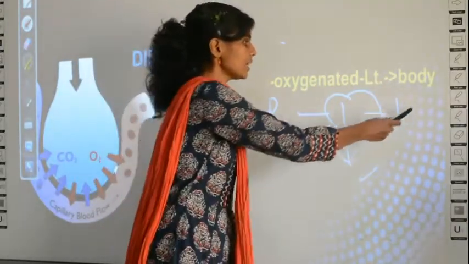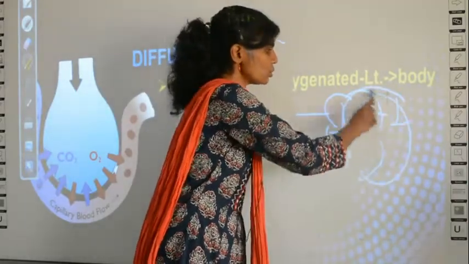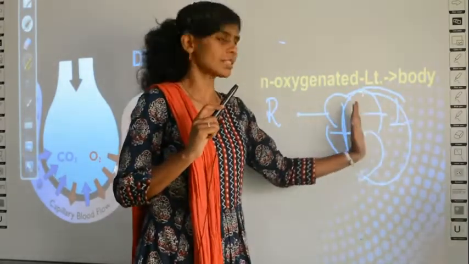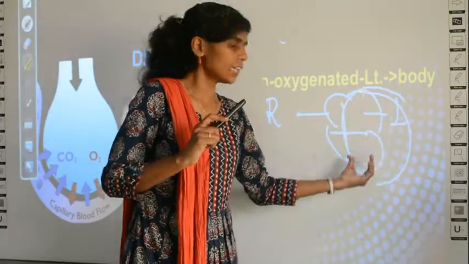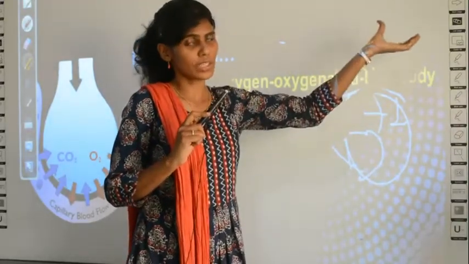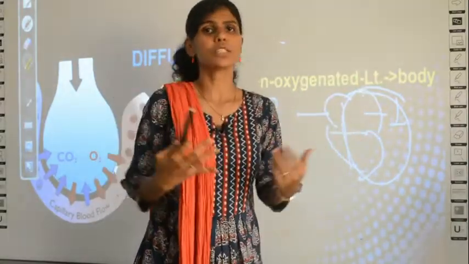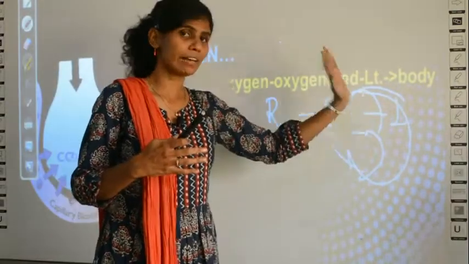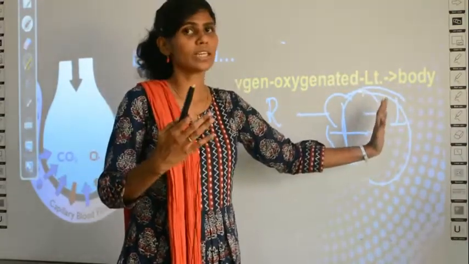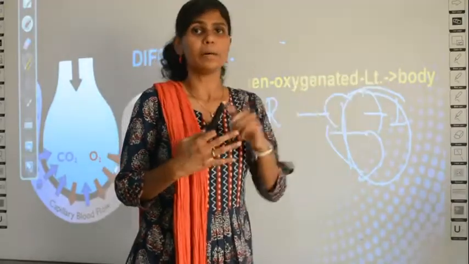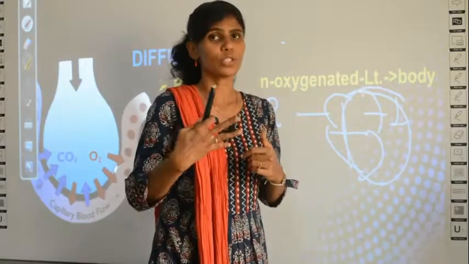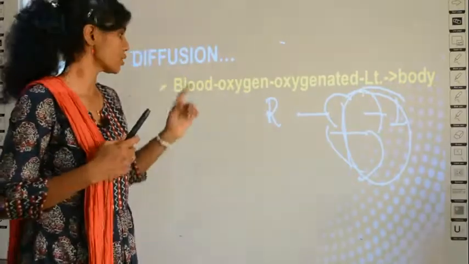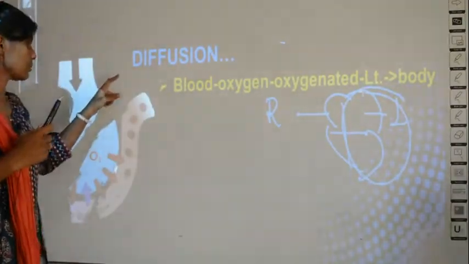Which side? This side. The human heart will have oxygenated blood on this side and it will give this oxygenated blood to all parts of the body. Clear? So the left side of the heart always has oxygenated blood, which gives the pure blood to all the parts of the body. You have to keep this concept in mind.